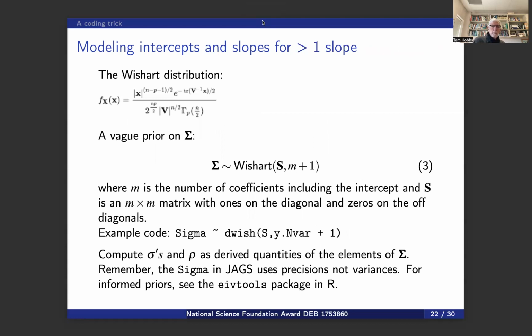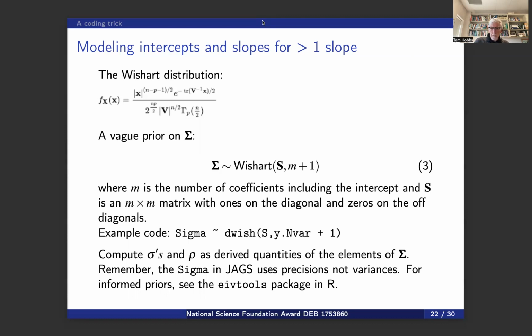Now, how do we set priors on the covariance matrix? There's a pretty easy way to do that using the Wishart distribution. We say the prior on sigma, a flat, vague prior on sigma, is sigma distributed Wishart S and m plus 1, where S is an m by m matrix with ones on the diagonal and zeros on the off diagonals.